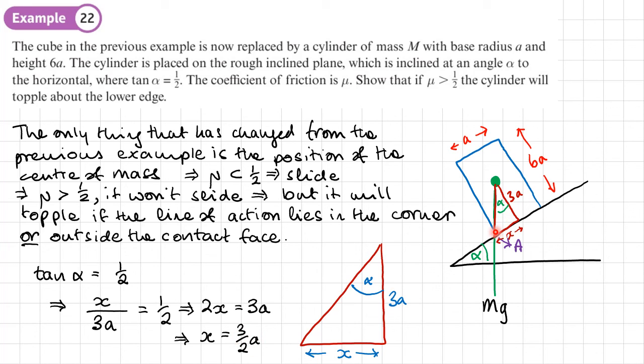So that means that the line of action passes outside that contact face, by a distance of half a, because we have a length of 1.5a from this corner to this corner, and from this part of the cylinder to the edge there is a, so it extends by half a outside that bottom corner.